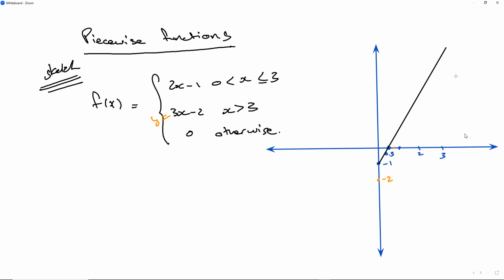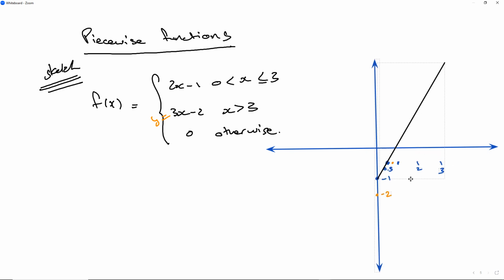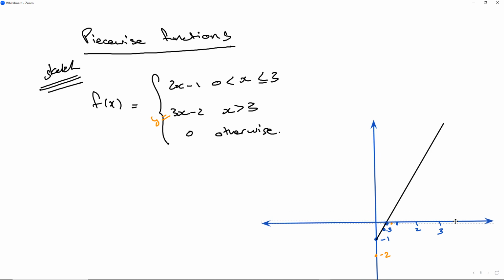Right. So I'm going to try and move this whole thing all the way down. Yeah, I'm just going to move that down there. And I'm going to extend this line a little higher. What I have is a steeper gradient.